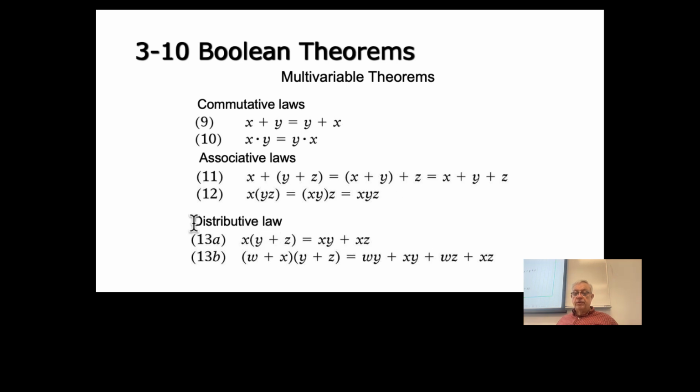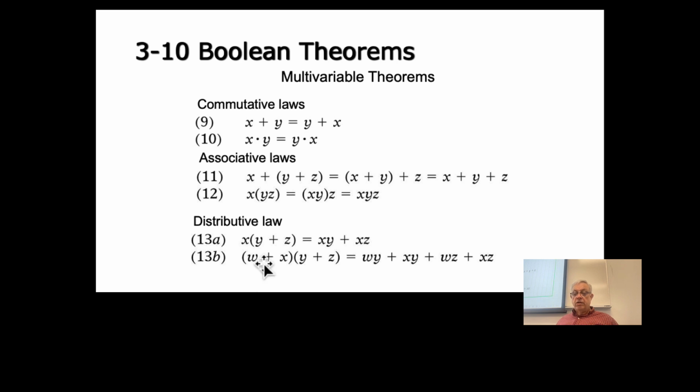Distributive law is a little bit more challenging. X ANDed against Y or Z, first times the first, plus the term times the second, so I got XY or XZ.